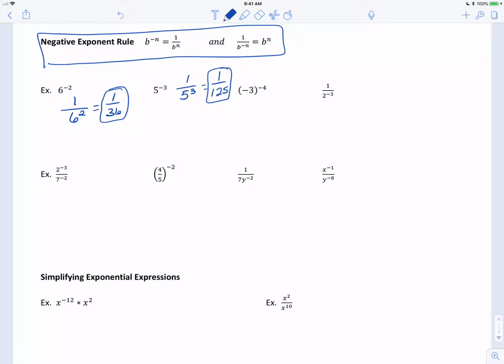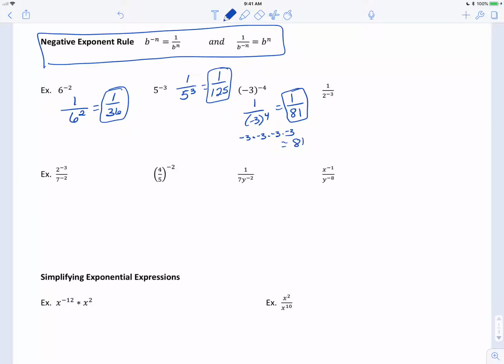So let's do it this way: 1 over negative 3 to the positive 4th power. Well, remember, that means negative 3 times negative 3 times negative 3 times negative 3. Well, that is positive 81. So that is 1 over 81.